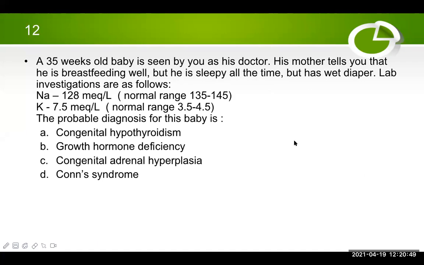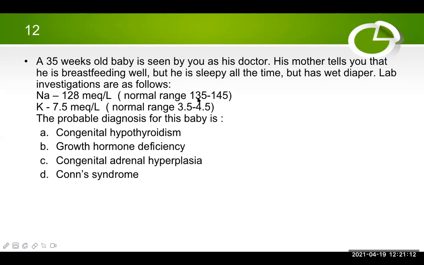Number 12, a 35 weeks old baby is seen by you as his doctor. His mother tells you that he is breastfeeding well, but he's sleepy all the time, but has wet diaper. Lab investigations are as follows. Sodium 128.